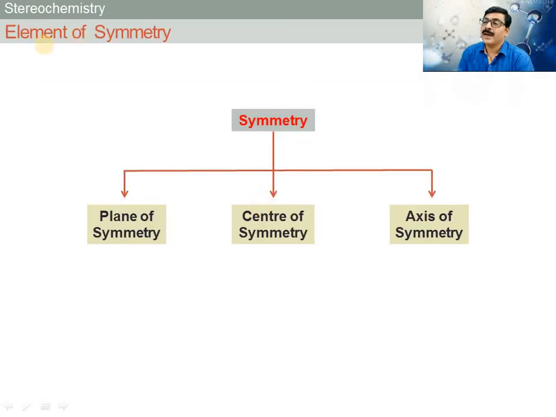Friends, there are three types of symmetry elements. First is plane of symmetry, second is center of symmetry, and third is axis of symmetry. Now let us see the meaning of these three one by one. So first is plane of symmetry.